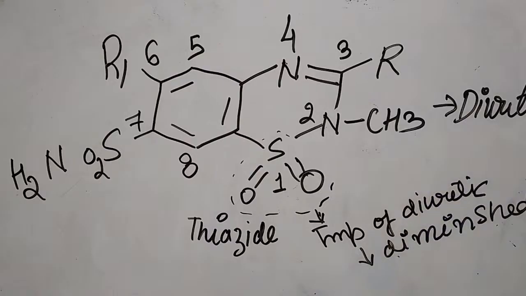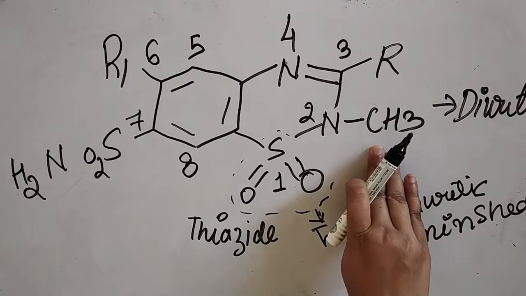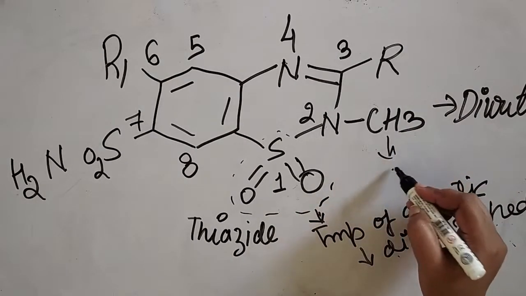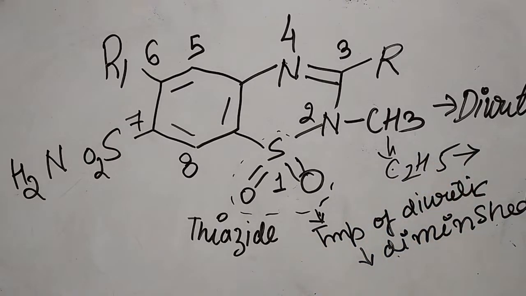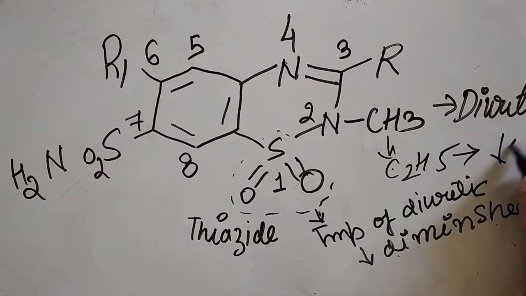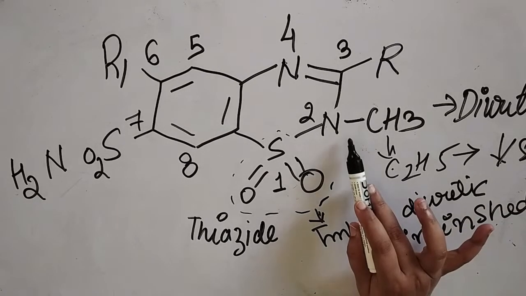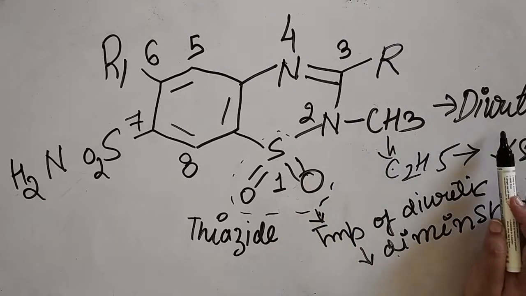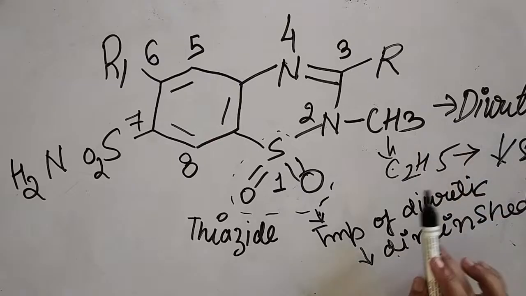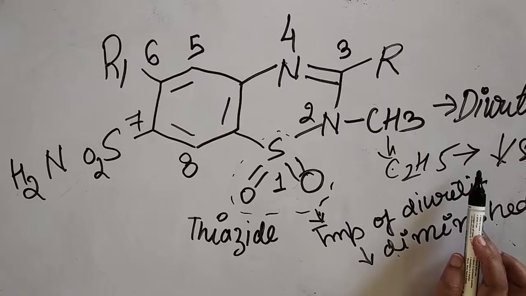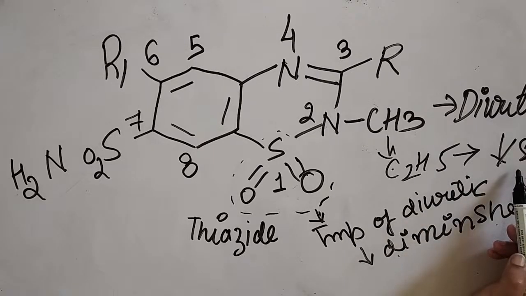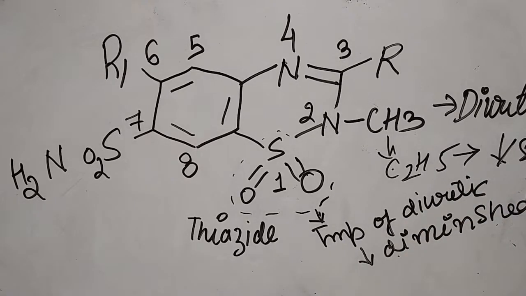But if we change this methyl group to C2H5 or any higher group, the activity will decrease. So at the second position we can replace the hydrogen with methyl and the diuretic activity will be there, but if we replace that methyl with an ethyl group or higher carbon chain, then the diuretic activity will decrease. So that is for the second position.